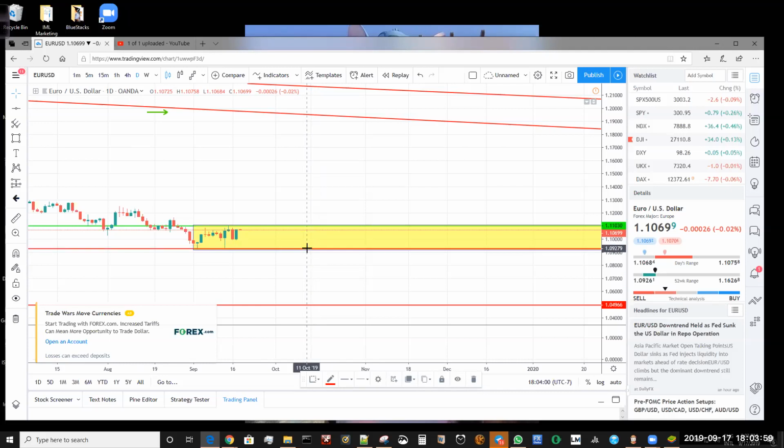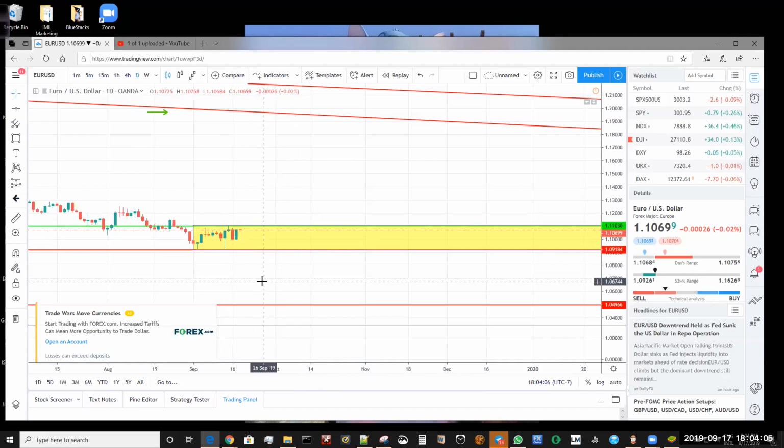But again, this is a larger time frame. If you don't have the account size, you might not want to get in here because the risk is greater. Larger time frames have larger rewards, but they also have larger risks. If you have a smaller account, you may want to drop down even further to something that's more manageable for you.